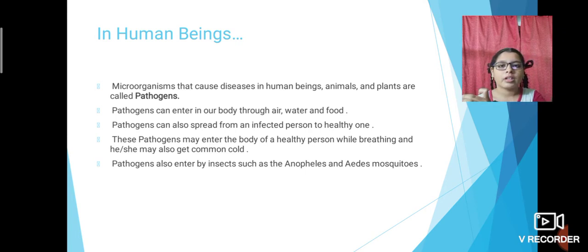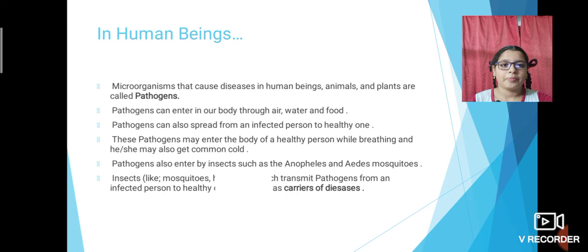Once the mosquito bites a healthy person, the pathogens enter that healthy person. Insects like mosquitoes and houseflies, which transmit pathogens from an infected person to a healthy one, are known as carriers of diseases.